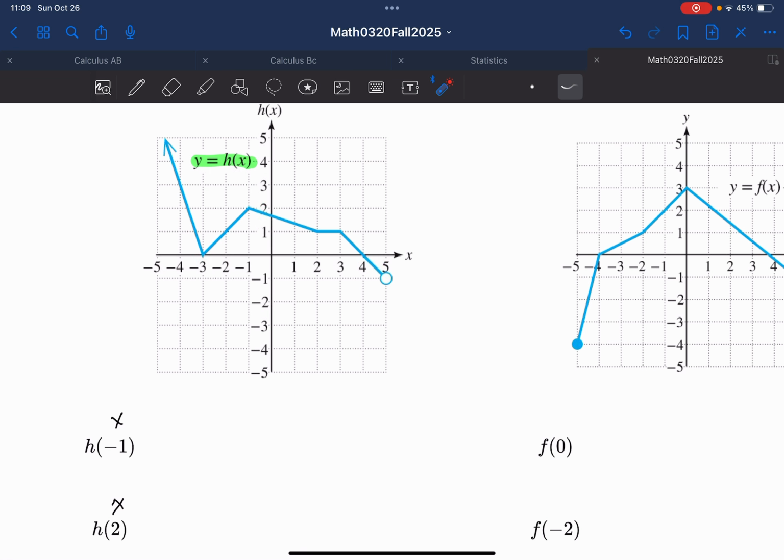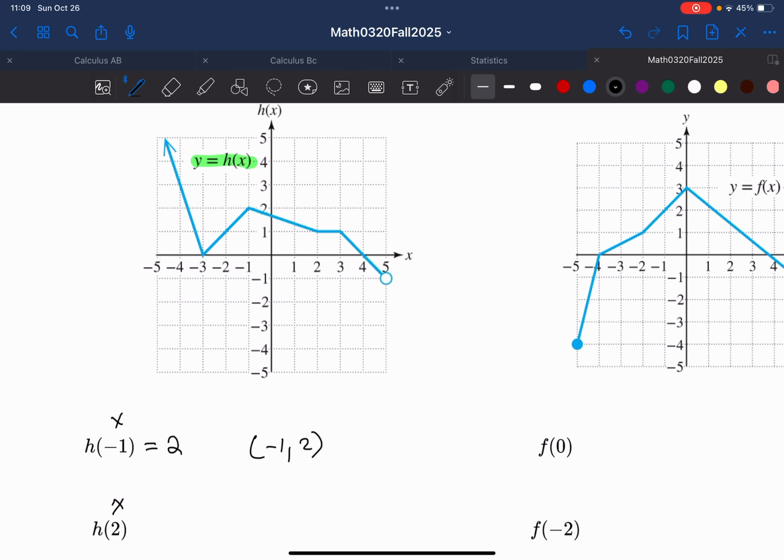So h of negative 1, I'm going to find negative 1 on the x's, so that's right here. And then I'm going to either go up or down to meet my blue graph. I can't go down because there's no graph down there, so I have to go up. I go up until I hit the blue graph at y equals 2, which means my answer is 2, or in other words, negative 1, 2.